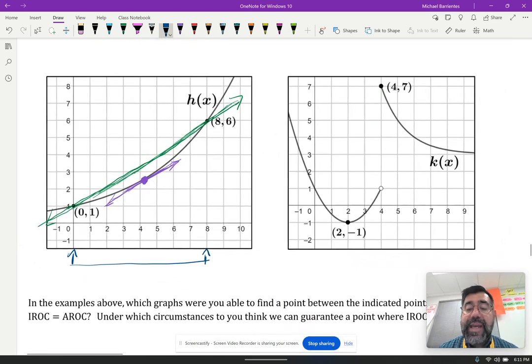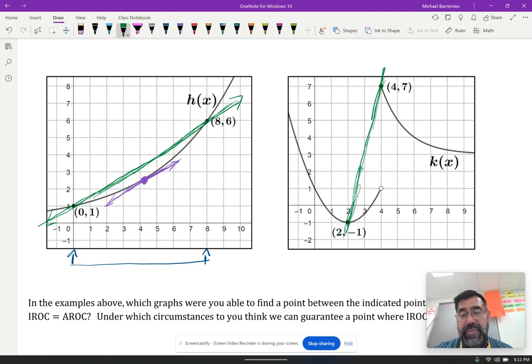When I go over to k, however, I run into an issue. I'm going to draw my secant line. If I had a ruler handy, I could make a better line here. This is my secant line connecting the two endpoints of my interval, from x equals 2 to x equals 4.